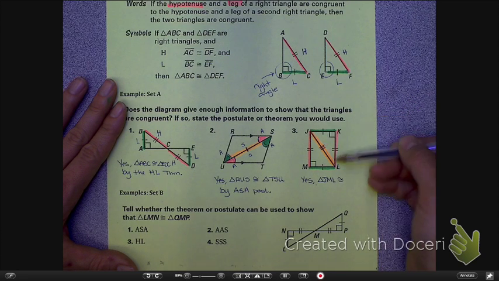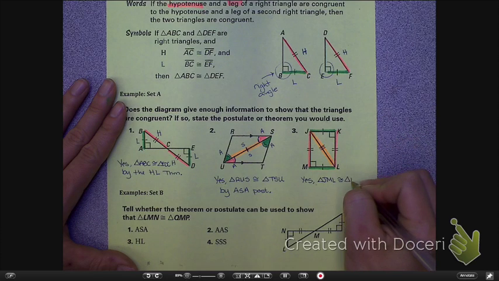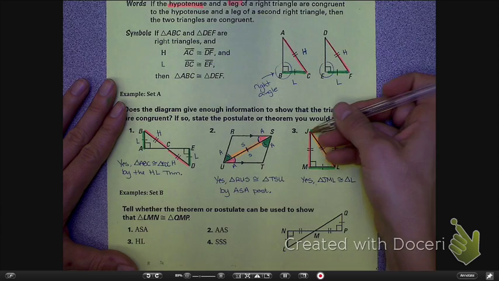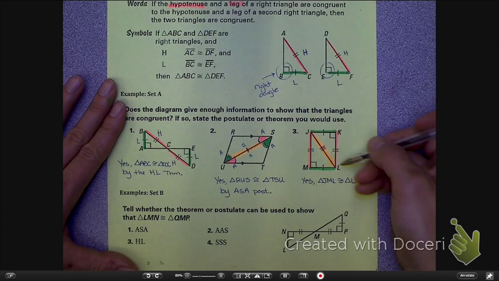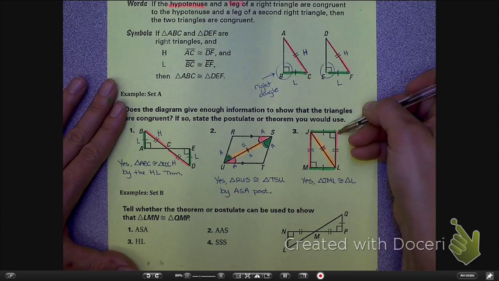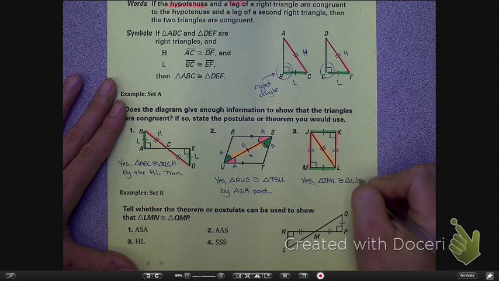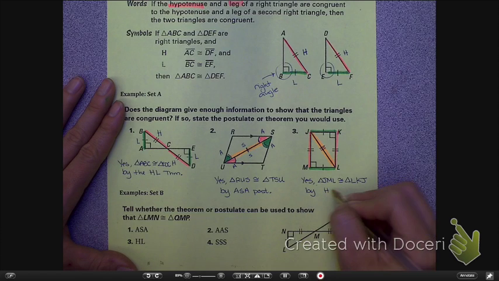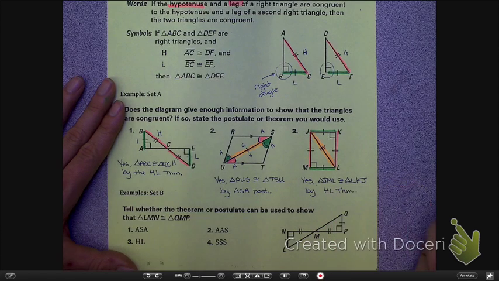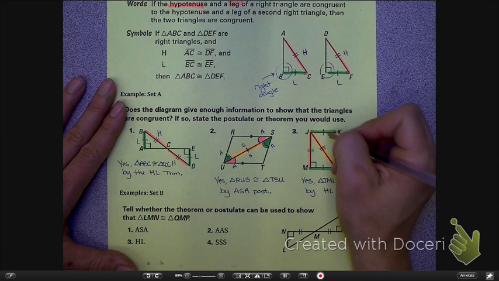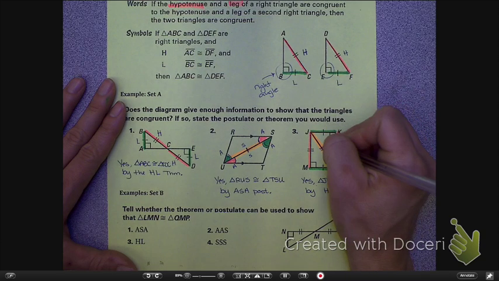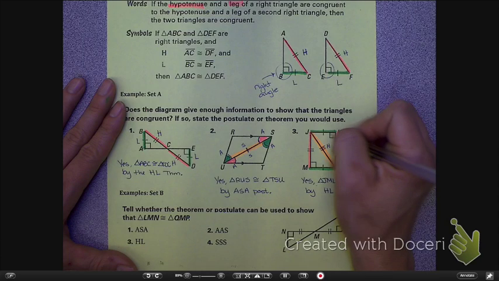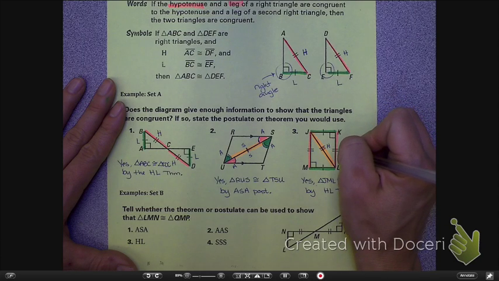So in the other triangle where the pink and the orange come together is L, so it would be starting with L. And if I went JML, I went along the pink line here, so L, K, J. And I'm going to say by hypotenuse leg theorem, because I had a hypotenuse and I also had a leg. You could use either leg as your reason, your evidence.